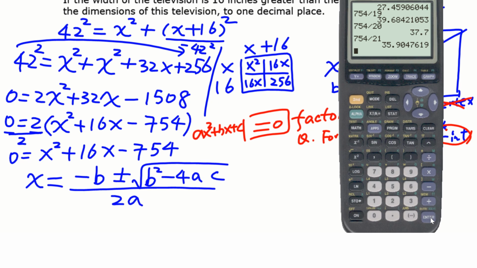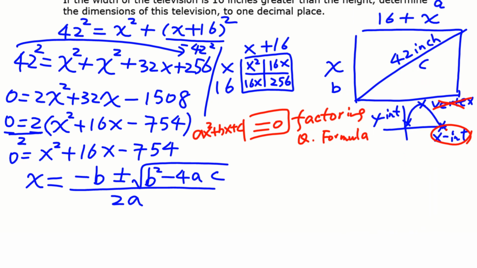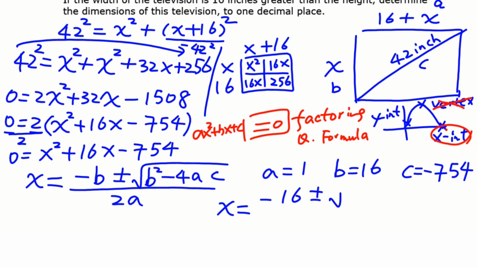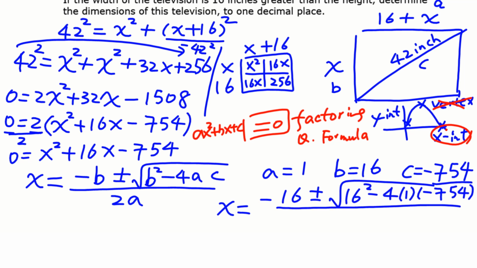The a value will be only the number in front of x squared, b is in front of x, c is negative 754. Then do the calculation. I don't want to continue. Times 1 times negative 754 all over 2 times 1. Then do the calculation. You will find out.